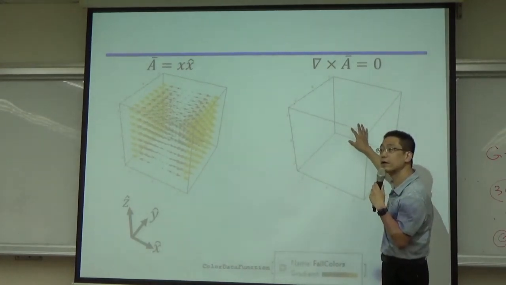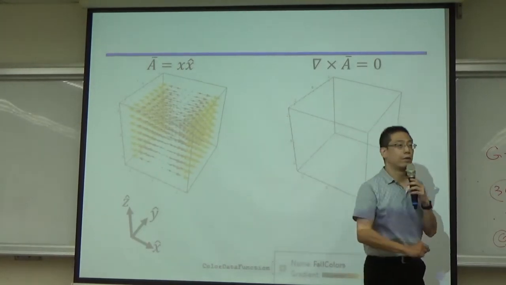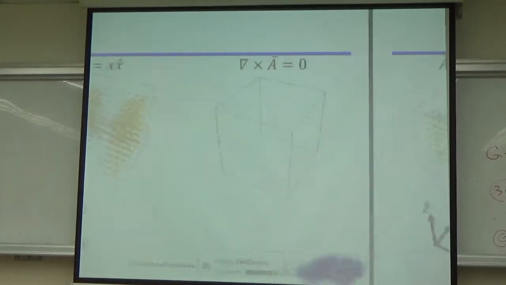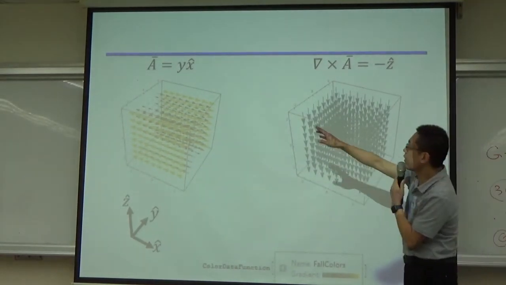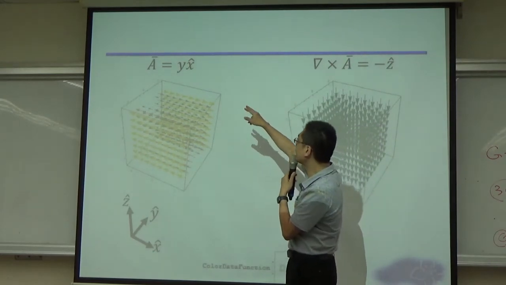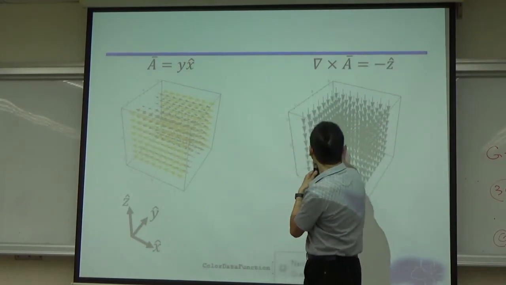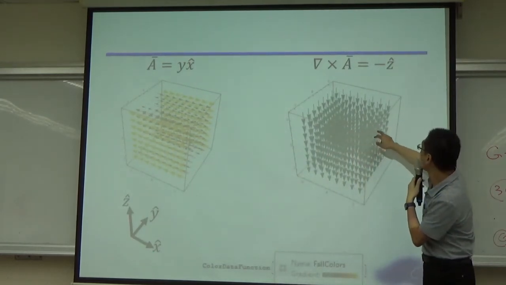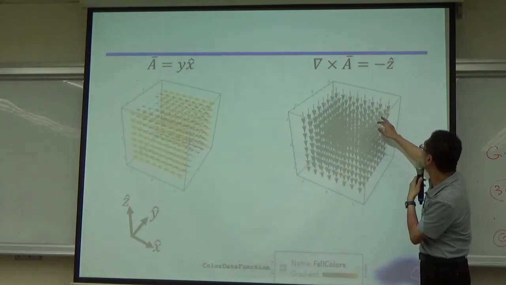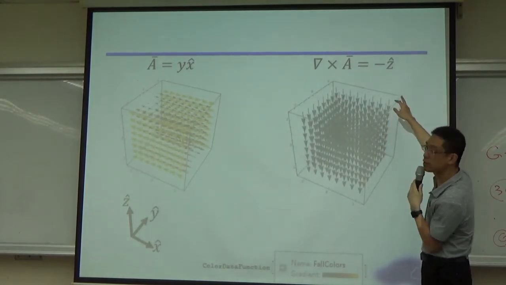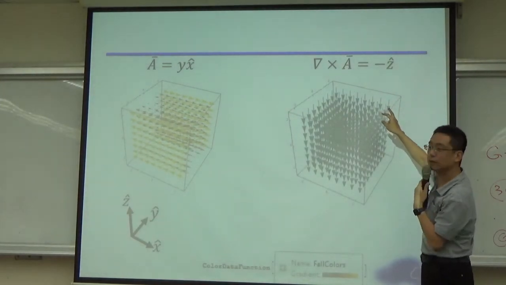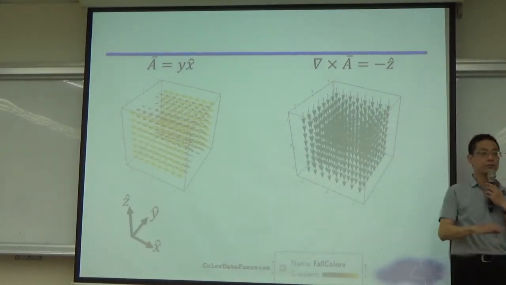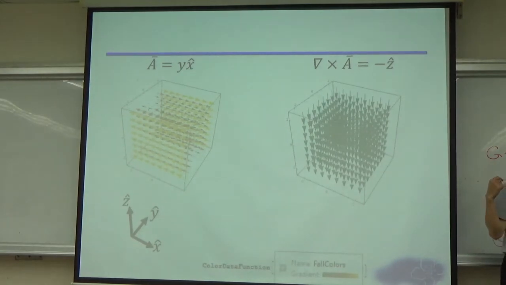This is an easy one. And if vector a equals y times x hat, the curl of vector a will equal minus z hat. Okay? Just those are the examples.